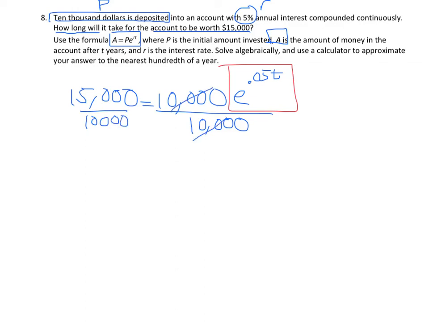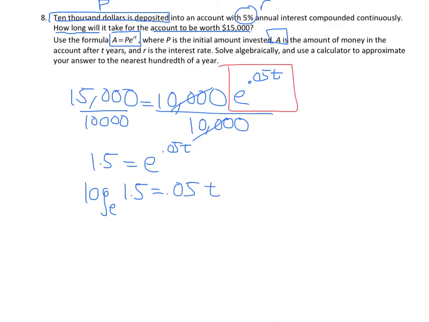And we get 1.5 equals e to the 0.05t. And now that I have the exponential part isolated, it's all by itself, I'm going to solve this by changing it to log form. Changing this to log form, we would get log base e of 1.5 equals 0.05t.